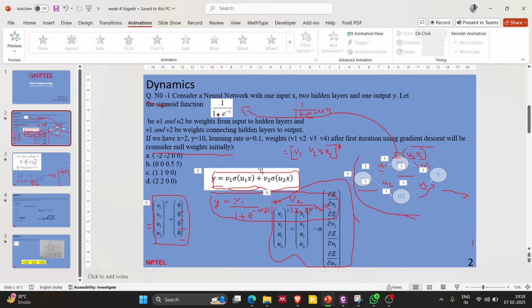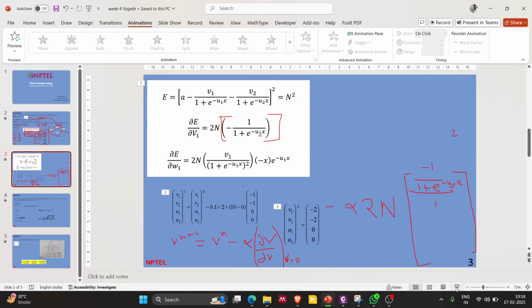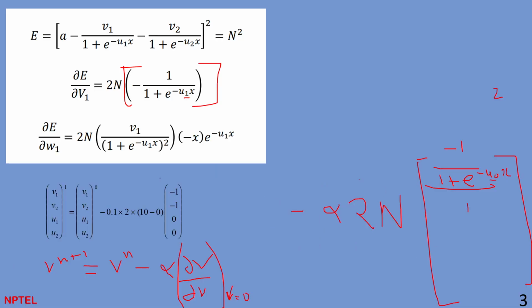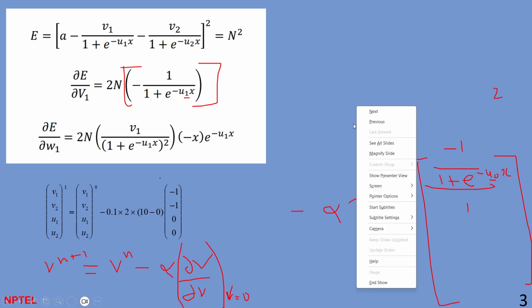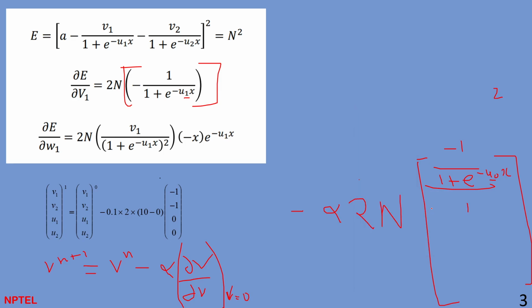So when you put something like 2x, it should be u1. U1 is 0, so x will be 0. So yeah, it should be half. It should be minus half here again because instead of here there is a u1.